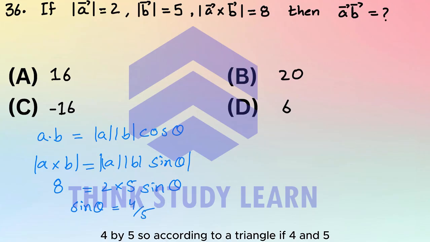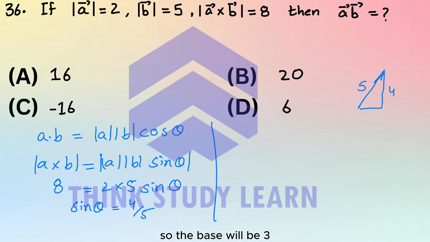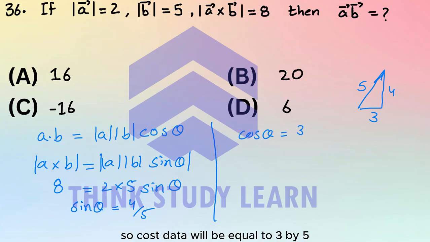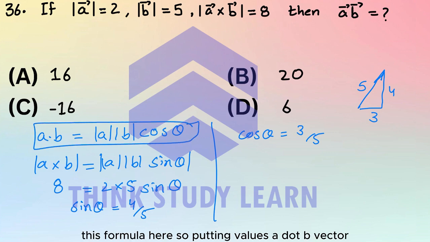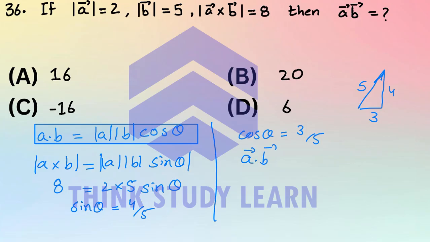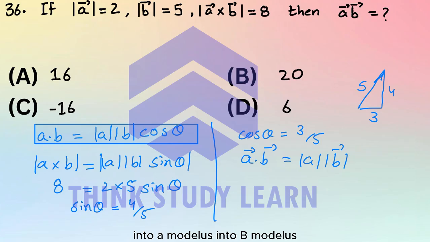4 by 5. So according to a triangle, if the perpendicular is 4 and the hypotenuse is 5, the base will be 3, so cos theta will be equal to 3 by 5. We will simply put the value of cos theta in this formula here. So putting values, A dot B vector is equal to A modulus into B modulus into cos theta.